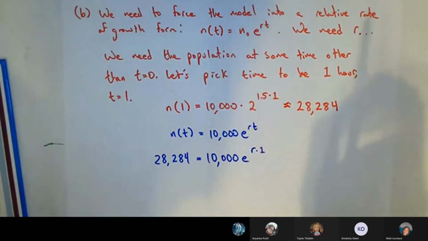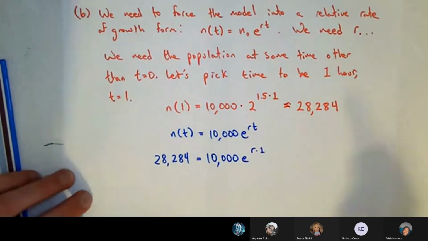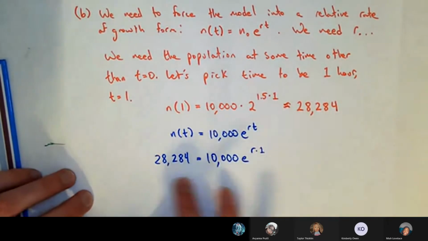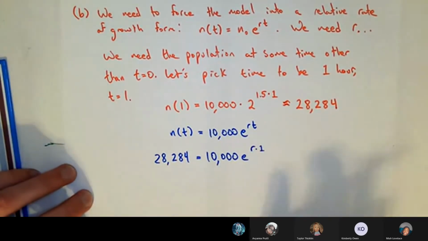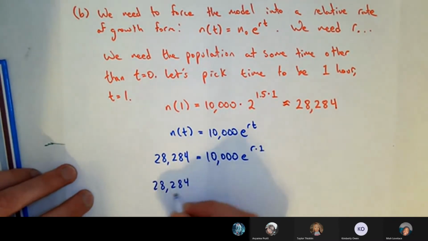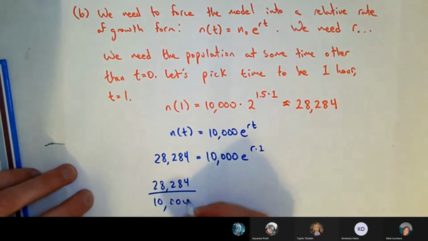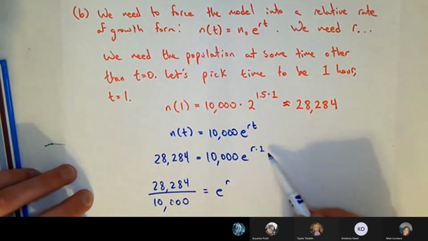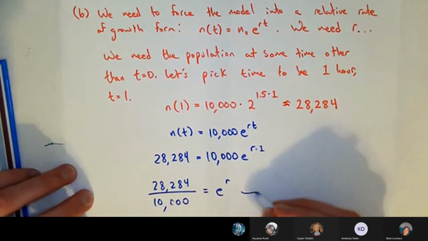But I'll grant you that the hard part is getting up to this point, to build all of this up so that you can solve for r. So anyways, let's go ahead and solve for r. I'll divide both sides by 10,000. So I'll say 28,284 over 10,000 is equal to e to the r, because r times 1 is just r.